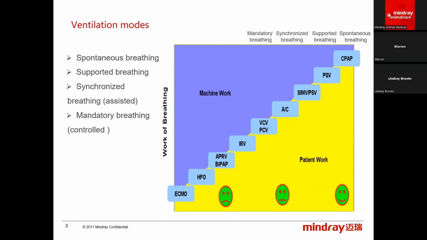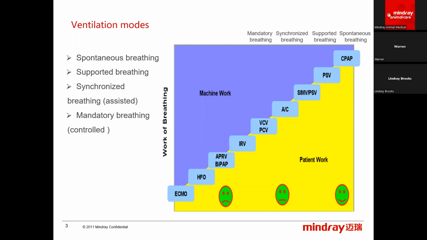anesthetized. So there's a spectrum of anesthesia ventilation for our patients, and it's a ratio of how much work the patient is doing versus how much work the machine is doing. The different levels are spontaneous breathing, where the patient is doing a lot of work.